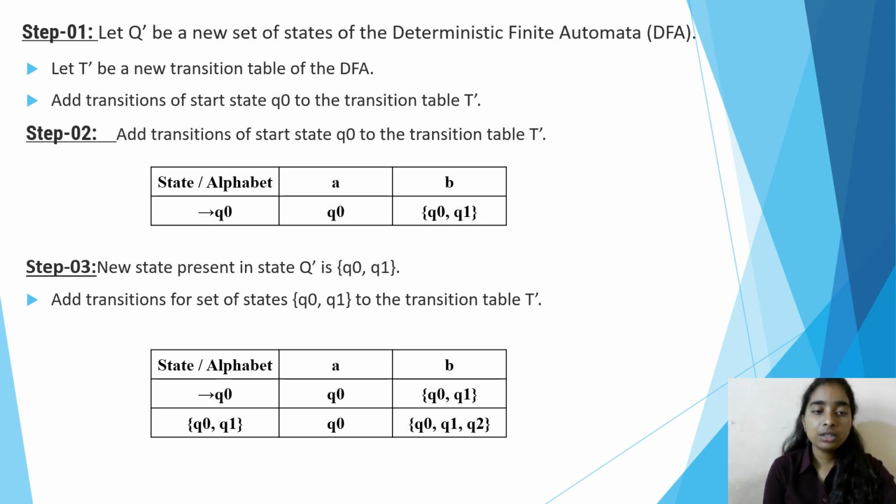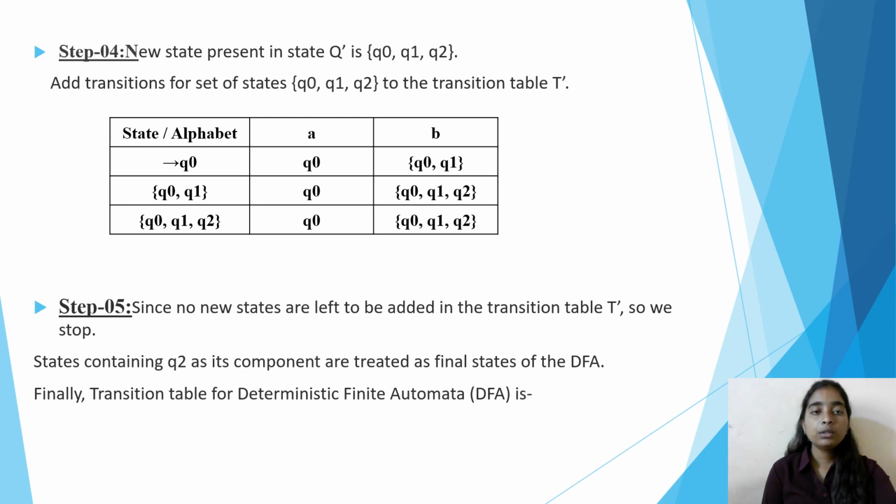Add the transitions for the set of states Q0 and Q1 to the transition table T'. Therefore, we add Q0 and Q1 to Q', thus Q0 and Q1 on A is only Q0, and Q0 and Q1 on B is Q0, Q1 and Q2.